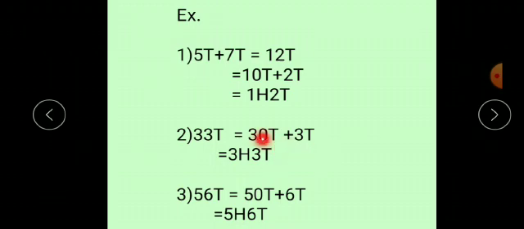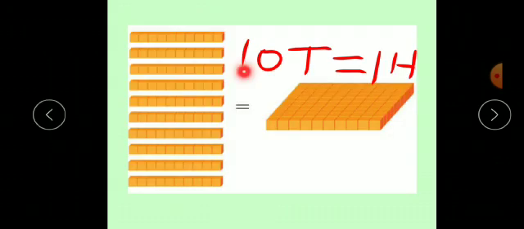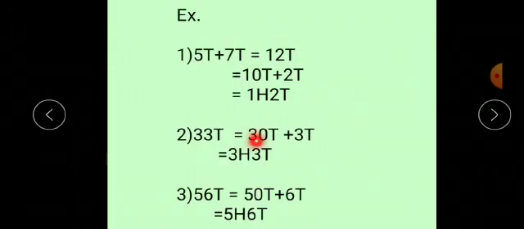Now this 30T, we know that 10T equals 100, so 20T equals 200 and 30T equals 300. So instead of 30T, we can write 3H and 3T.